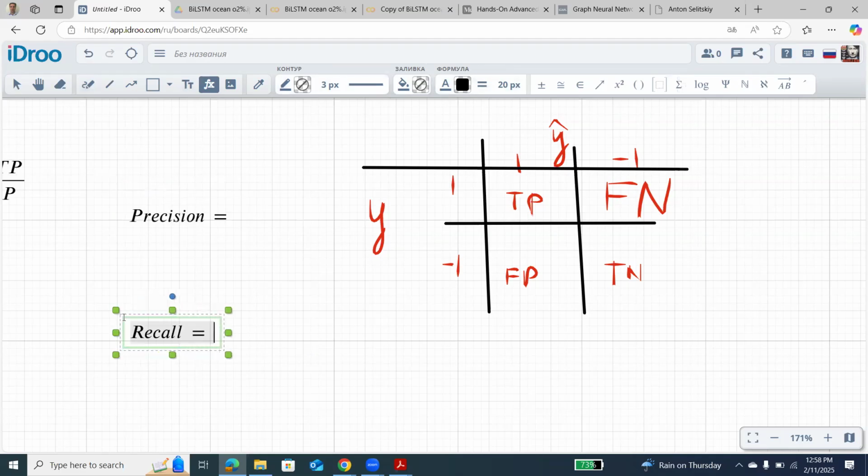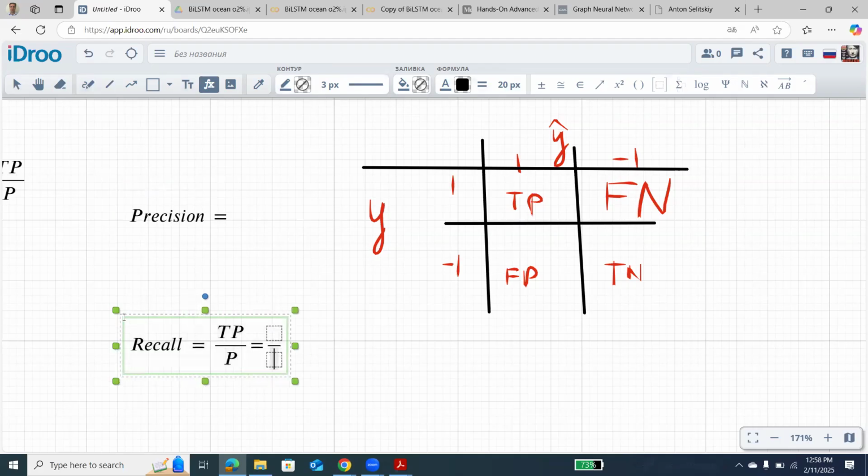So the recall is easier, so I will start with recall. It's the number of true positives over the total number of positives. What does it mean, the total number of positives? It means true positive plus what the model predicted incorrectly as negative, the false negatives.